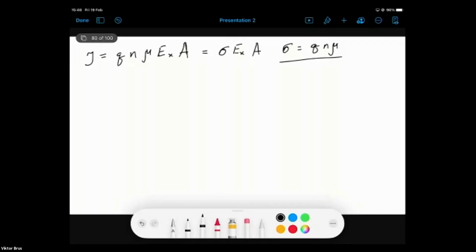So sigma can be determined from the current-voltage characteristic.